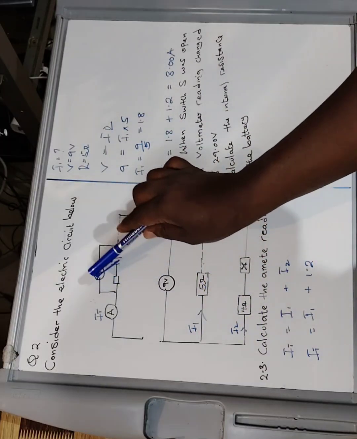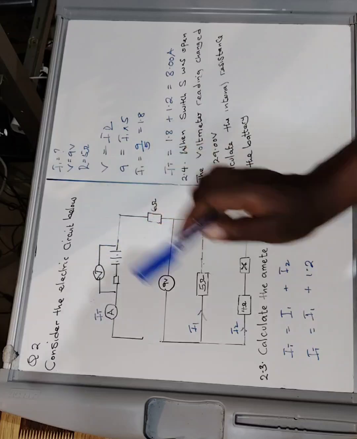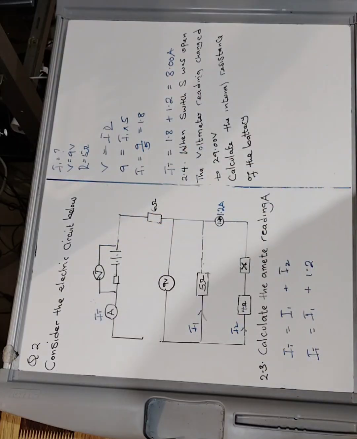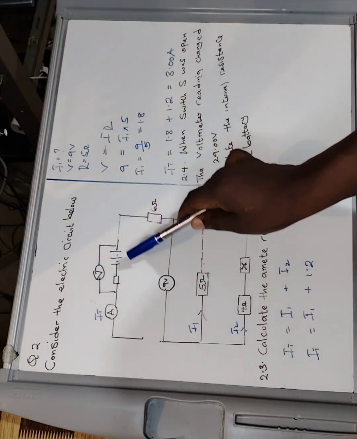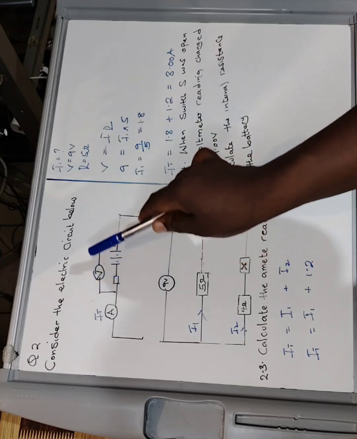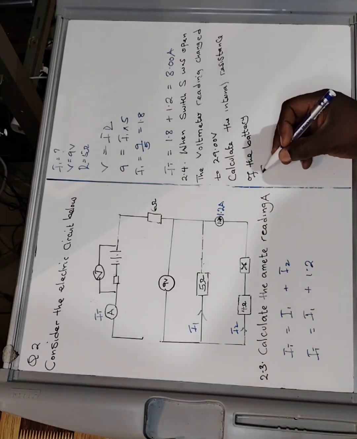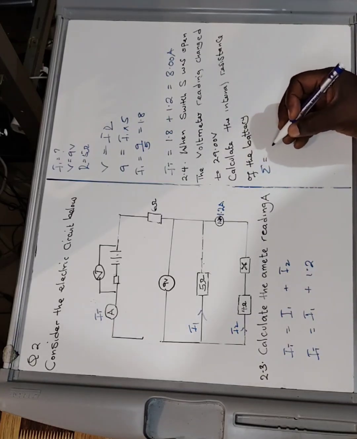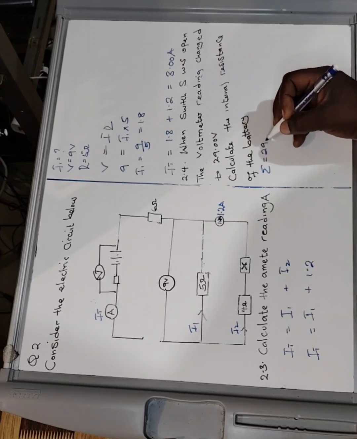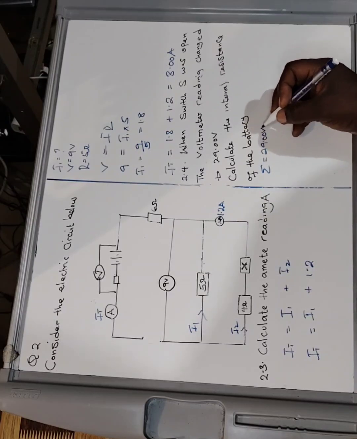But the voltmeter is still connected across the battery, and the voltmeter has infinite resistance. So no current is flowing. And when there's no current flowing, the reading across the voltmeter is the EMF. So EMF is 29.00 volts.